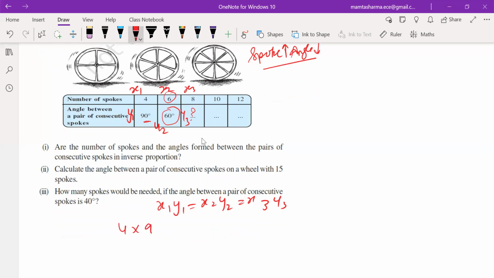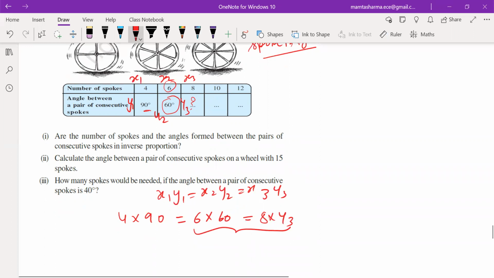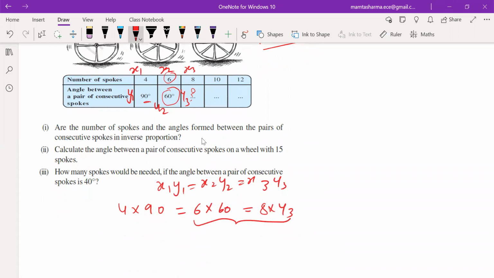So 4 into 90 will be equal to 6 into 60 equal to 8 into y3. Take any equation and try to solve it. 6 into 60 equal to 8 into y3. So y3 would be 6 into 60 divided by 8. Ananya, what are you getting?